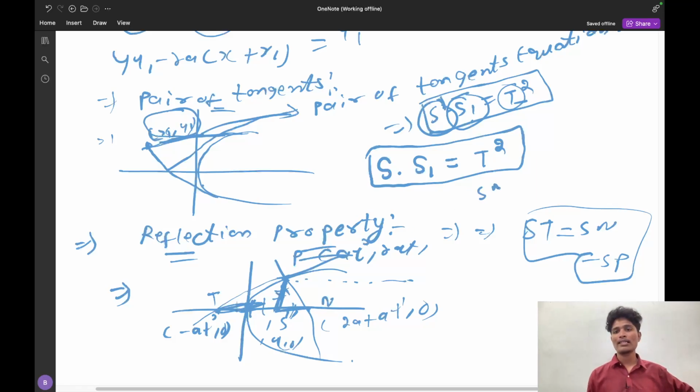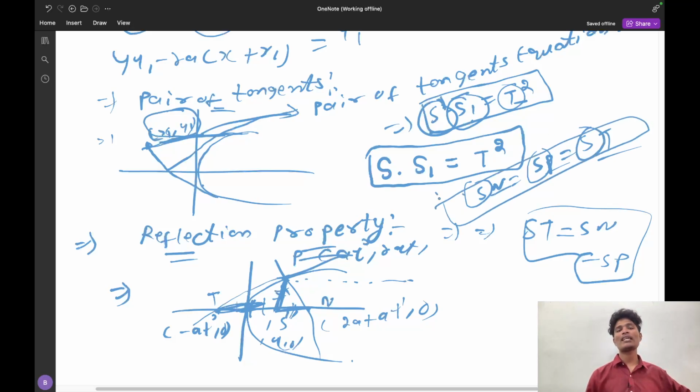That is, SN is equal to SP is equal to ST. Thus, distances from the focus will be equal. This is the reflection property of the parabola.